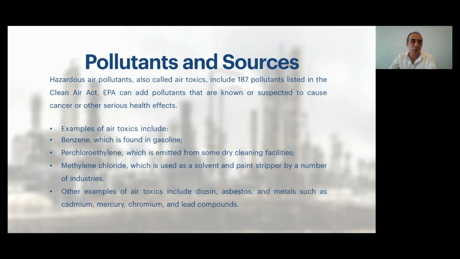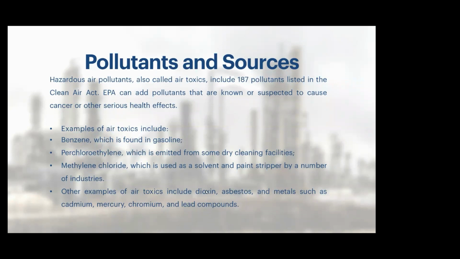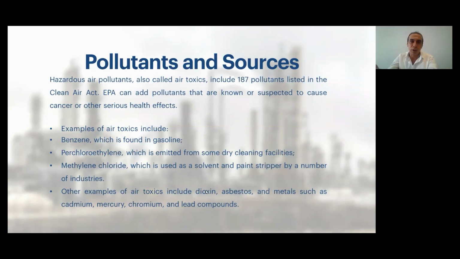Some examples are benzene, perchloroethane, methylene chloride. Those kinds of things are the pollutants. The pollutants mean, according to EPA, hazardous air pollutants and the air toxic gases.